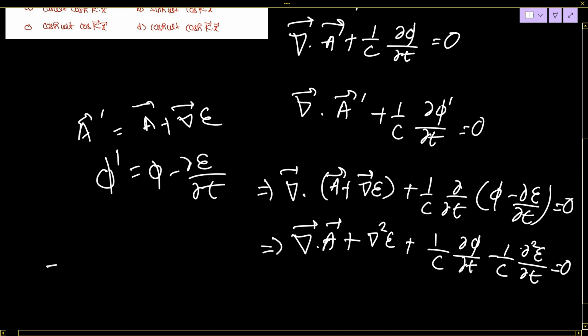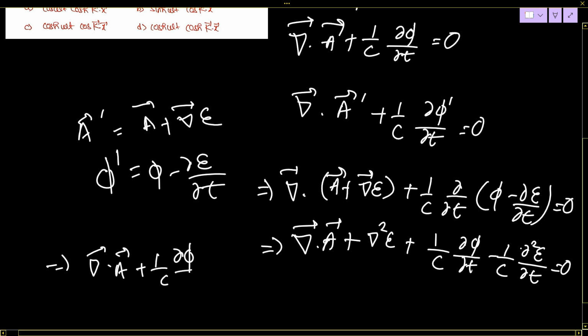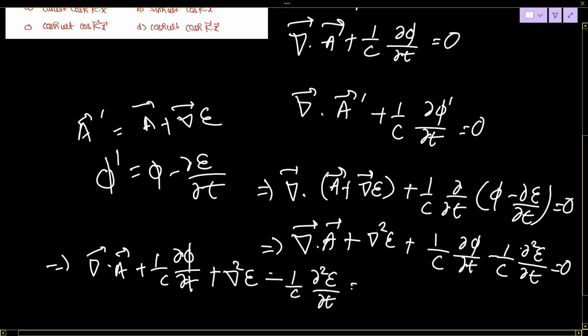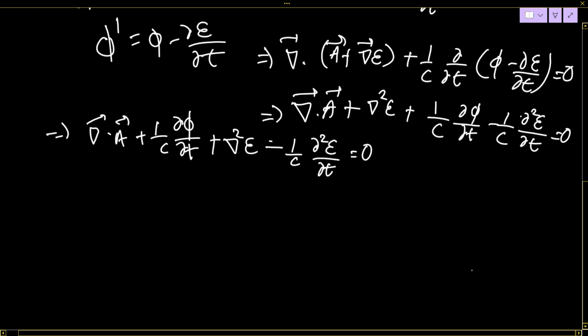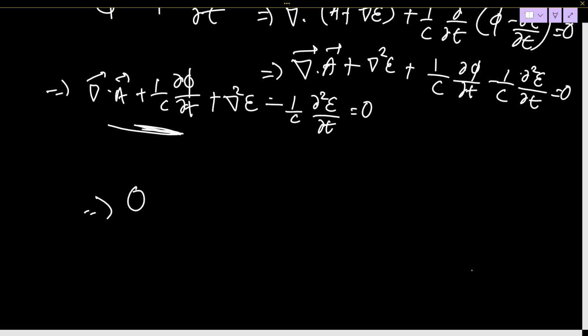So I can write it, if I arrange it a bit, as del dot A plus 1 by c del phi by del t plus del square epsilon minus 1 by c del square epsilon by del t square is equal to 0, isn't it? We know the first part is given as 0 in the question, and this one is del square epsilon minus 1 by c del square epsilon by del t square. Sorry, there's a square here.